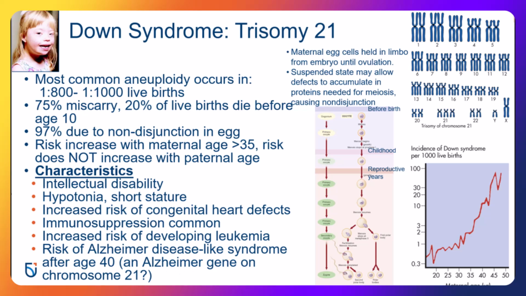The most common cause of Down syndrome is what we spoke about on the last slide, which is non-disjunction. In fact, about 97% of cases are due to non-disjunction, particularly with the egg. So that would be then maternal. So it's mostly maternal non-disjunction. Okay, so I mentioned that this is most often occurring in the egg, not the sperm.